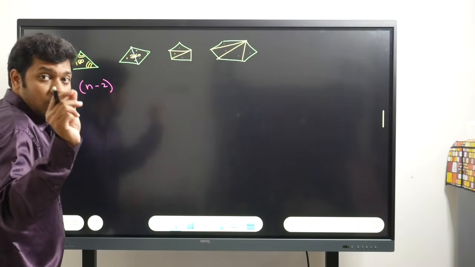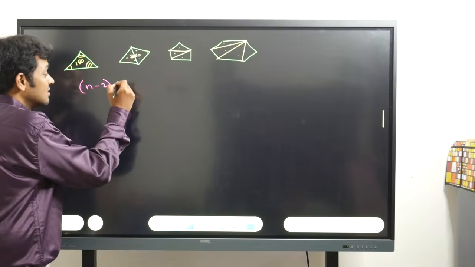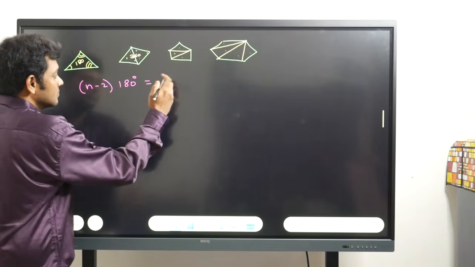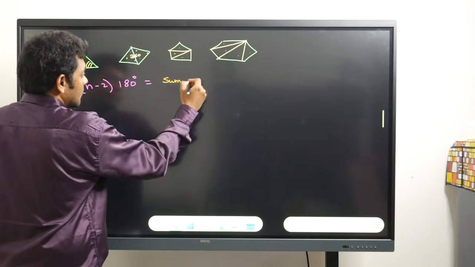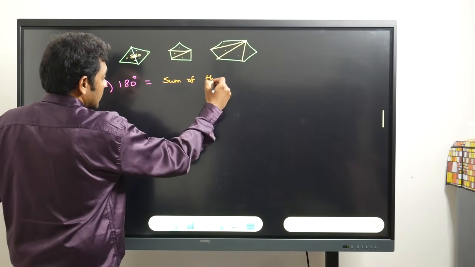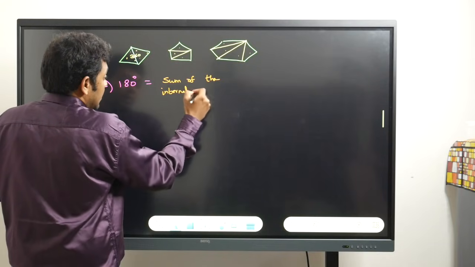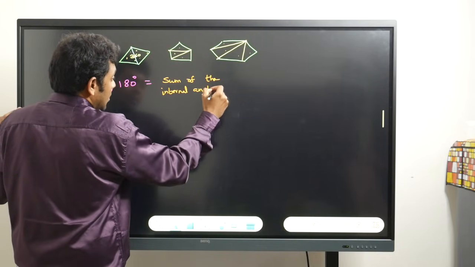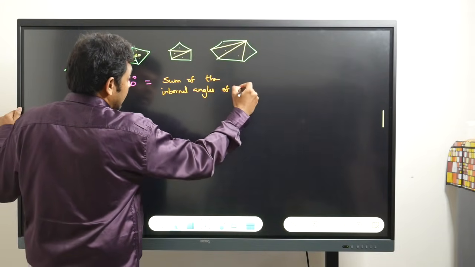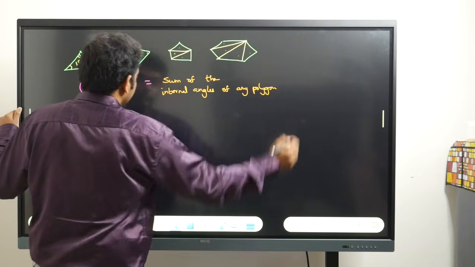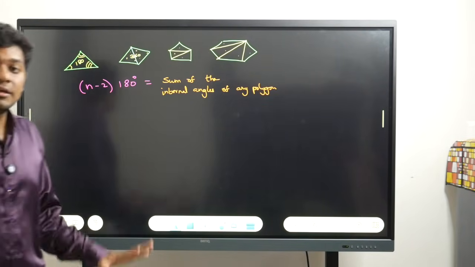Therefore, the sum of the internal angles of a polygon is nothing but n minus 2 times 180. The sum of the internal angles of any polygon is n minus 2 times 180.